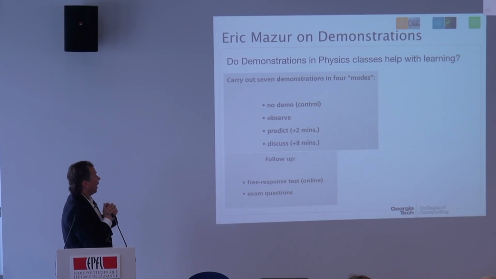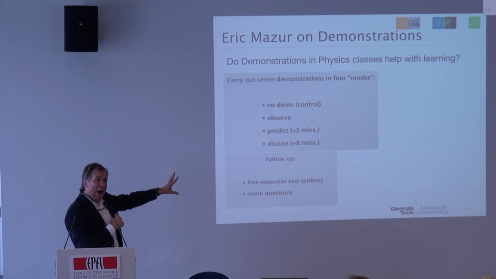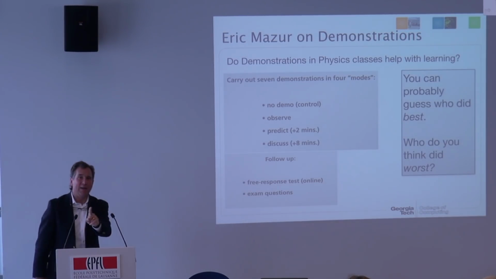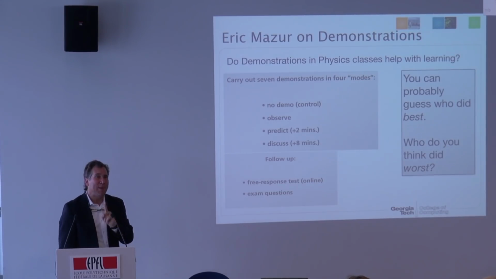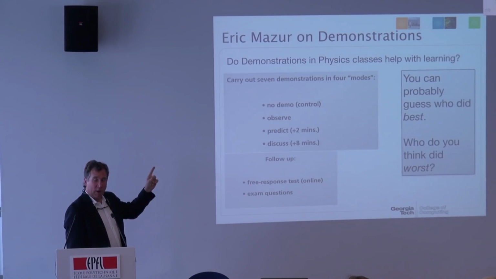Okay? And then follow-up, a couple weeks later, there's a free response test and exam questions, and they're explicitly asked, how confident are you in your answer? Now, I'm going to bet that everybody in the room could successfully guess who did best. I make you make predictions because the people who make predictions do the best. Discuss is slightly better, but not statistically significantly better.